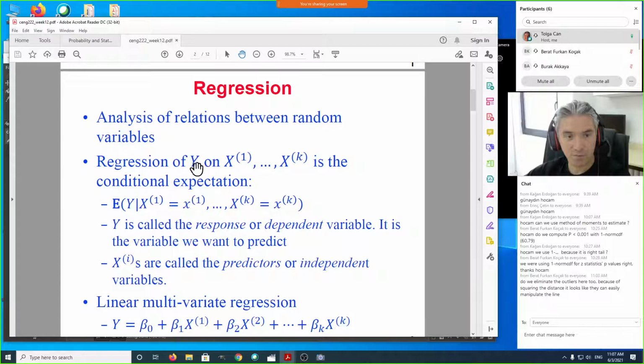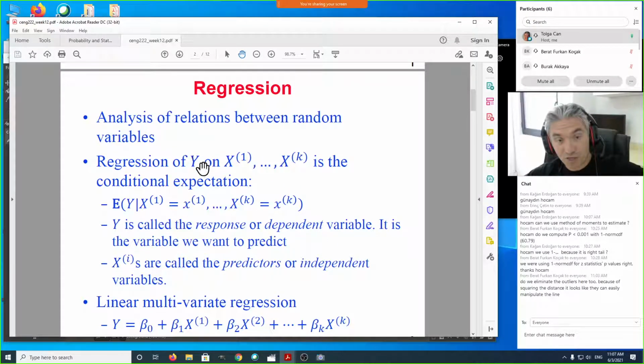variables. Here, in statistical terms, this y, the quantity that we want to predict, is called the response or dependent variable. It's dependent on these other things. If y was independent of all these x's, it would be impossible to predict y, right? Hence this name, dependent variable, has an intuitive meaning.